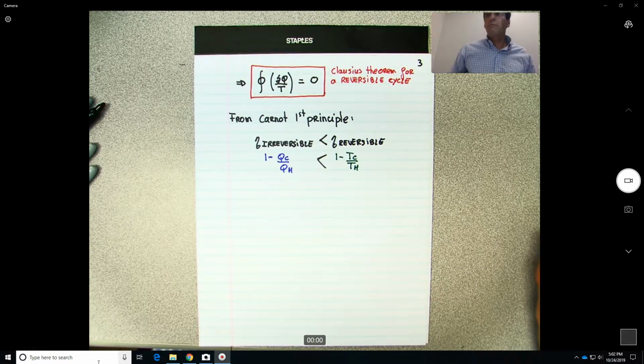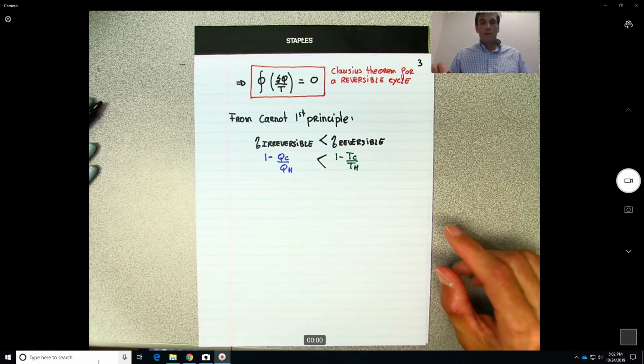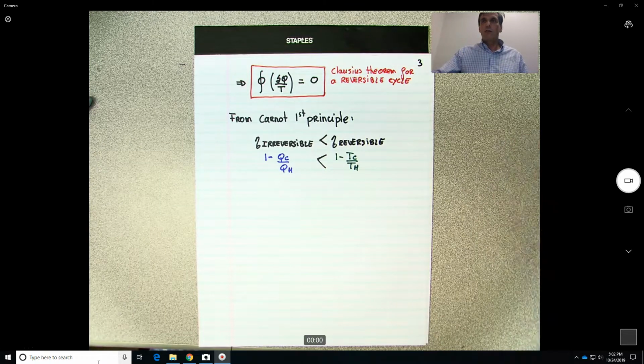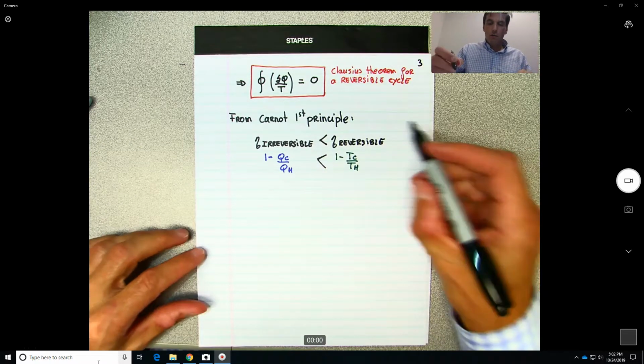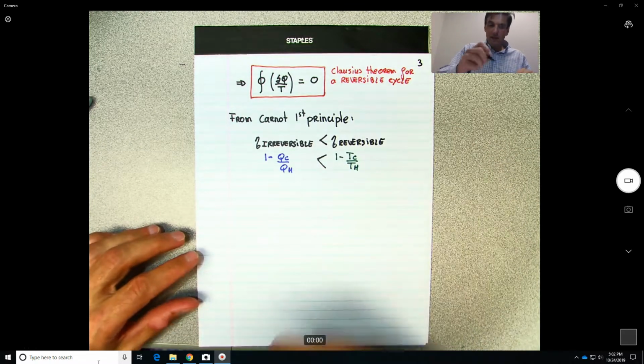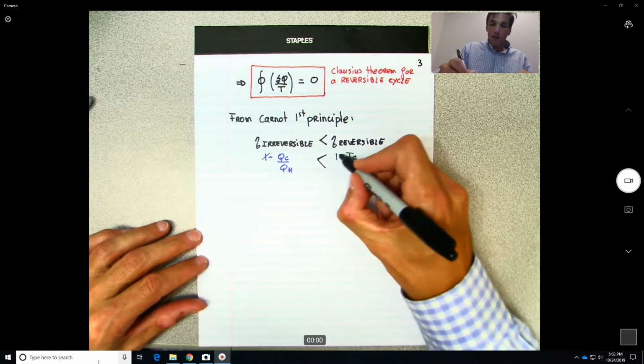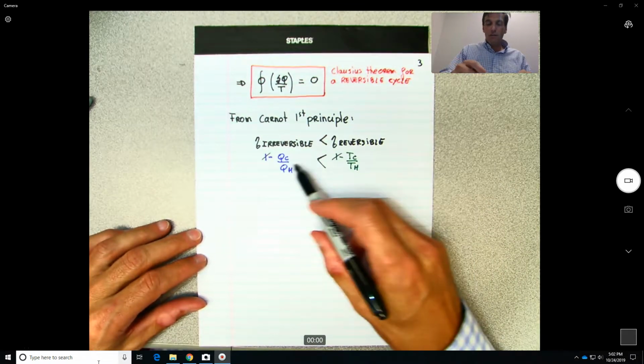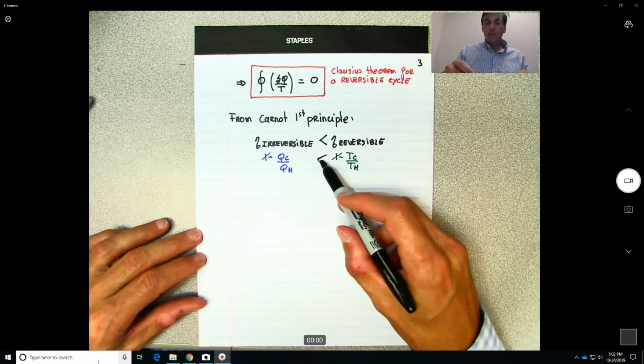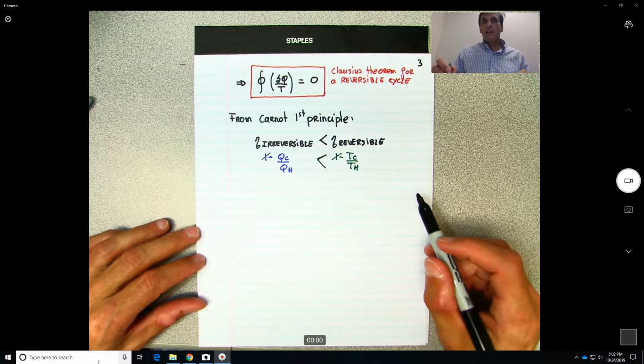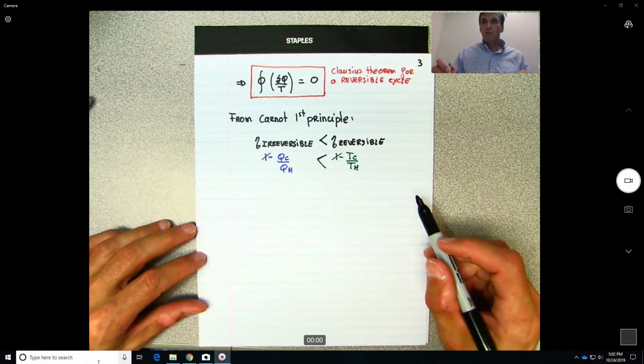Now, since the temperature and the heat are absolute values, in mathematics we can do the following. Again, we can eliminate the 1, but since we have a minus on each side, the inequality sign needs to be reversed.